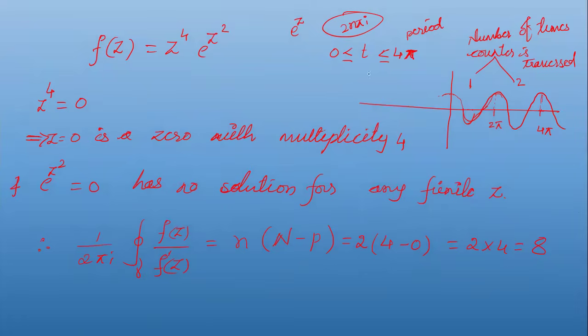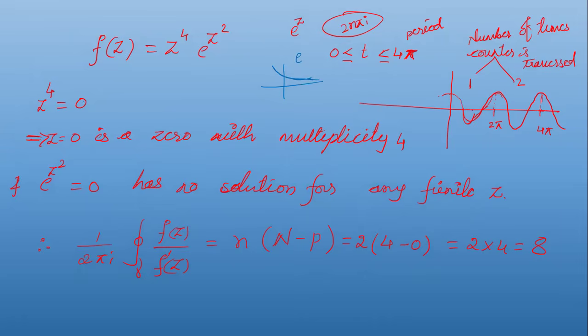Now they gave t lies between 0 to 4 pi. We know the graph of e raised to z; we cannot get e raised to z as 0.